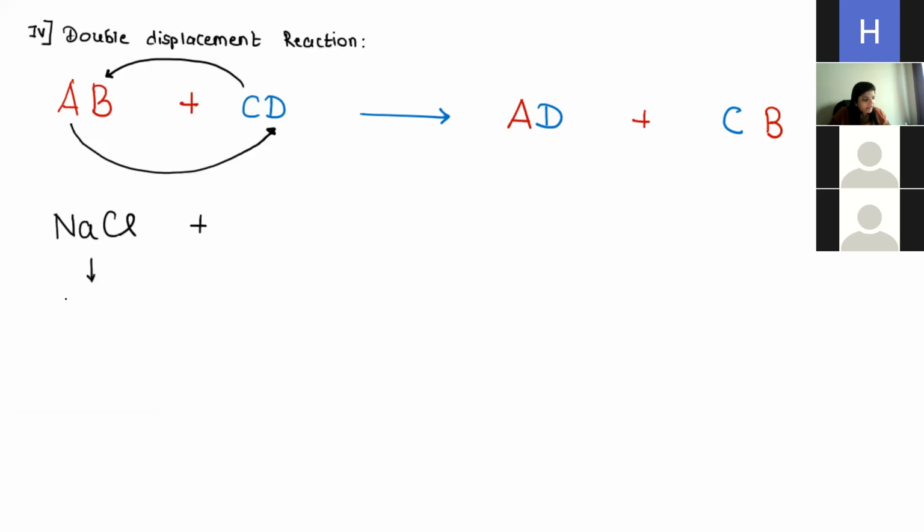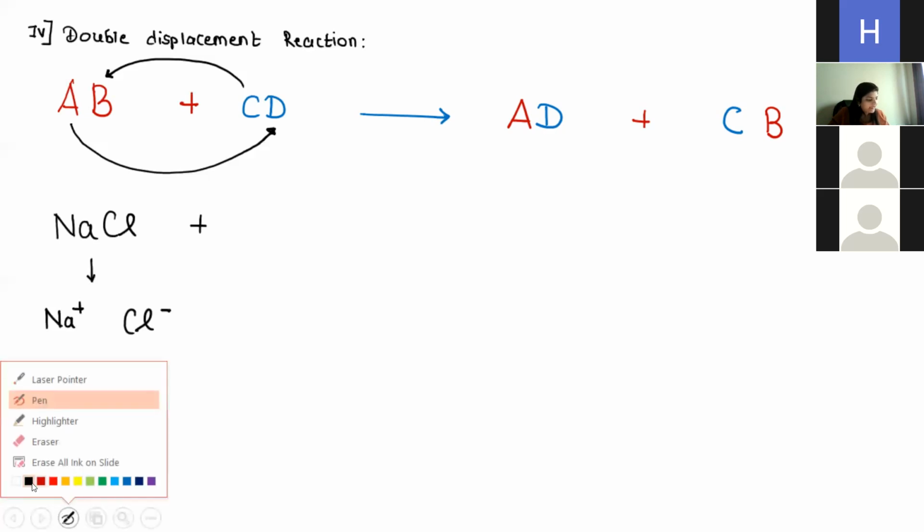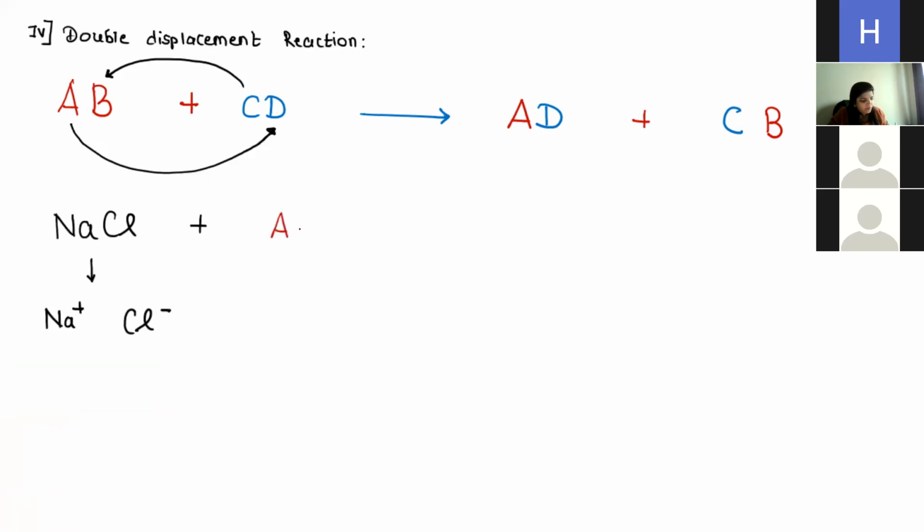Over here, Na is positive and Cl minus is negative in NaCl, reacting with another compound, silver nitrate, that is Ag plus and NO3 minus. Two compounds, each has one positive and one negative.